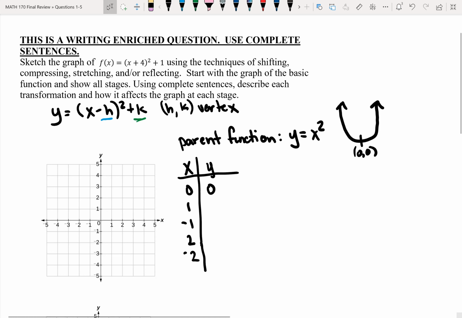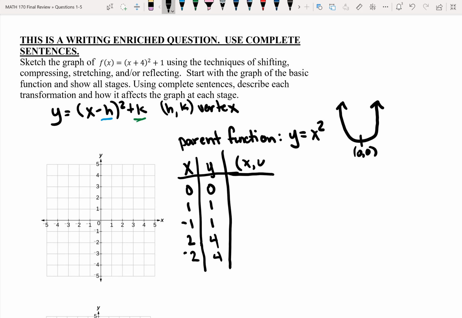Okay, so 1 squared is 1, -1 squared is also 1, 2 squared is 4, and -2 squared is 4. So I'm going to add another column to this, and that means that our points are going to look like this. So we're going to have point 0, 0, point 1, 1, point -1, 1, point 2, 4, and -2, 4.